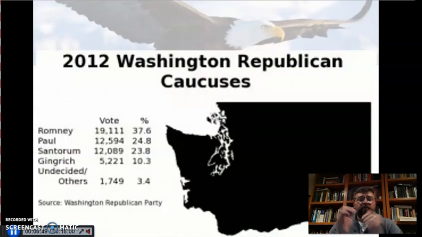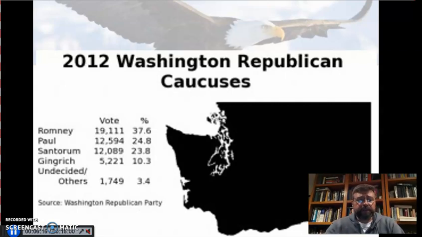When Washington gets its delegates, if it has, say, 50 delegates to give, then 37.6 of them are going to be awarded to Mitt Romney, and the remainder according to these percentages. These percentages are discovered in either a primary or a caucus system. We'll talk about the difference between the two in a second.